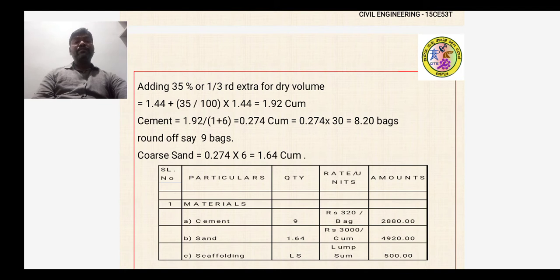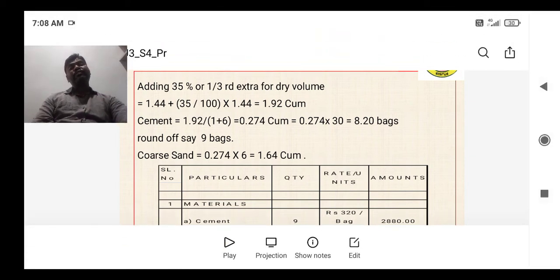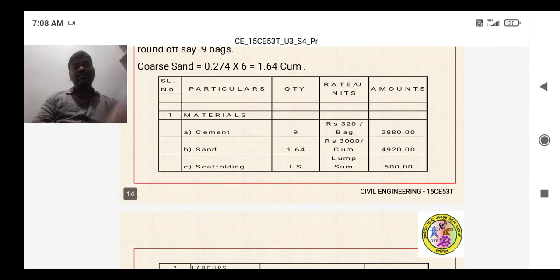Cement, ratio 1:6: 1 into 1.92 divided by the total proportion, we get 0.274 cubic meter. 0.274 into 30 bags per cubic meter of cement is around 8.2 bags. We round off, say 9 bags. Coarse sand: 6 into 0.274, we get 1.64 cubic meter.